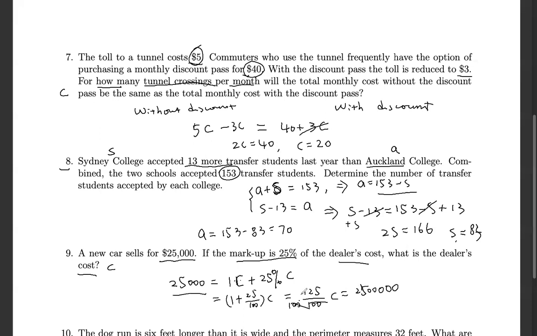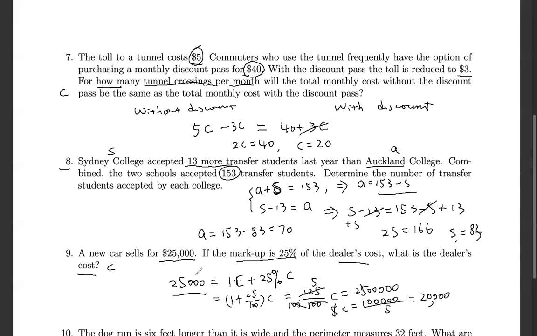Then divide by 25 on both sides. 125 divided by 25 is 5, so we have 5C. 25 divided by 25 is 1, and then 5 zeros. Then divided by 5: 10 divided by 5 is 2, so we have 2 followed by 4 zeros. 20,000.